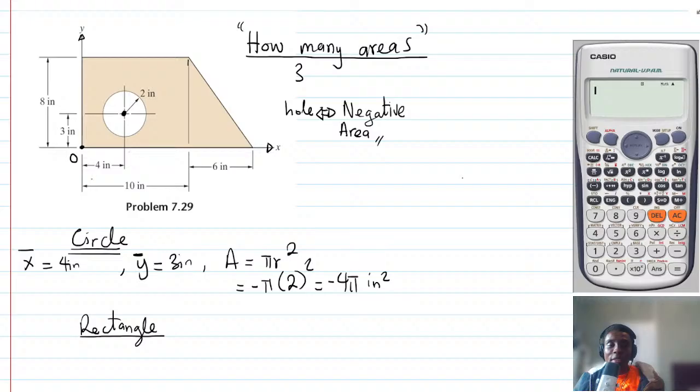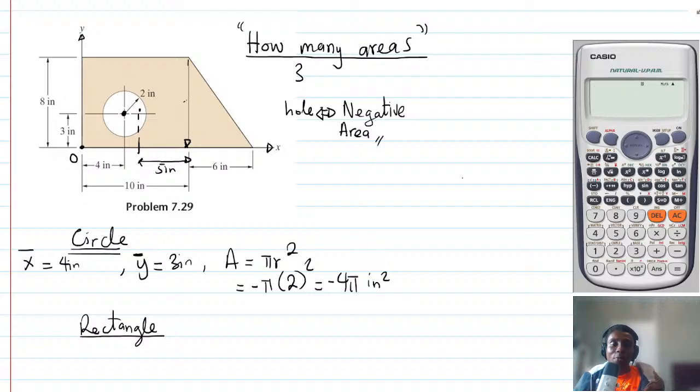Halfway of the rectangle is, so it's 10, meaning that halfway will be 5. So let's assume that from here to here is 5 inches. And then this whole distance is 8. So let's say that the center is somewhere here. And then let's assume that that distance will be halfway, and that's 4.